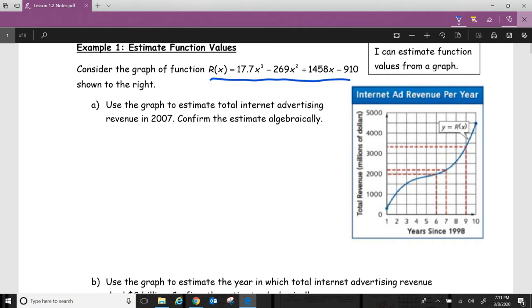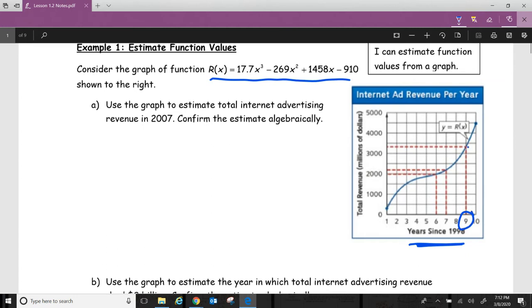It says use the graph to estimate the total internet advertising revenue in 2007. Well, if you notice here at the bottom, it says years since 1998. So I'm not looking for 2007 on my x-axis. Instead, I'm going to count how many years it is since 1998, and that's going to be the x value I look at. So 2007 is 9 years after 1998.